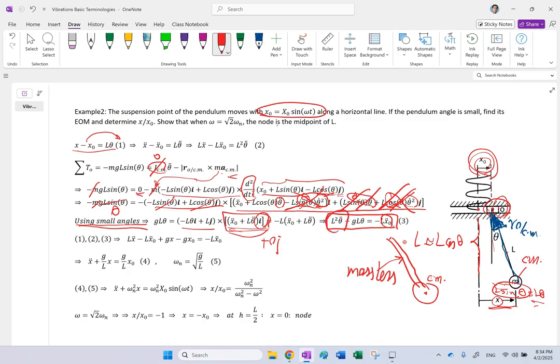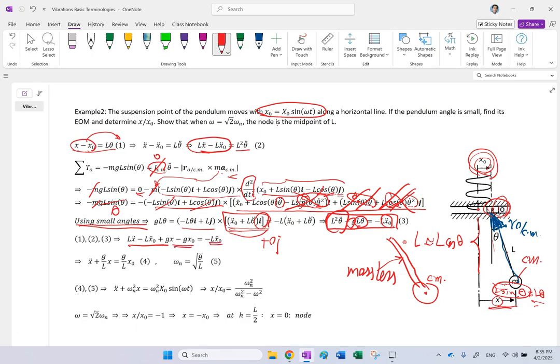Now I replace this L theta double dot from equation 2. I replace it by this guy. There we go. And then the L theta also, I replace it by x minus x naught multiplied by this g. So I get g(x minus x naught), and then the right hand side is whatever it was.